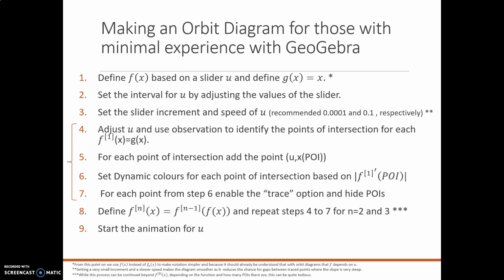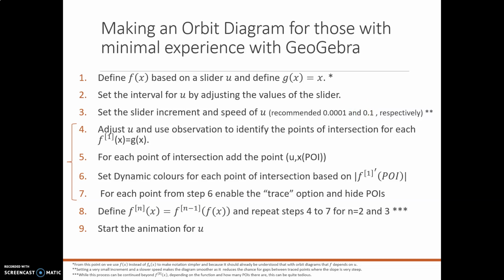Adjust u and use observation to identify the point of intersection for each f(x) equal to g(x), for whatever iteration we're looking at. In the first one, we're looking at f(x) equal to x. For each point of intersection, add the point u, and then the x-coordinate of the point of intersection that we're actually looking at.